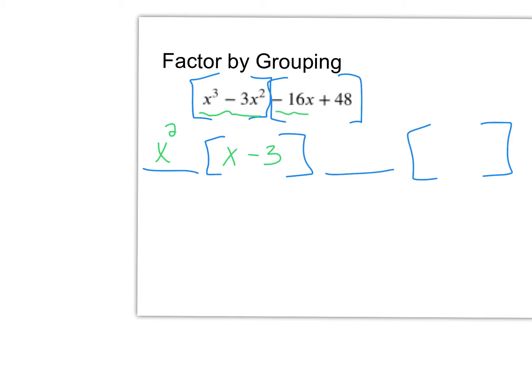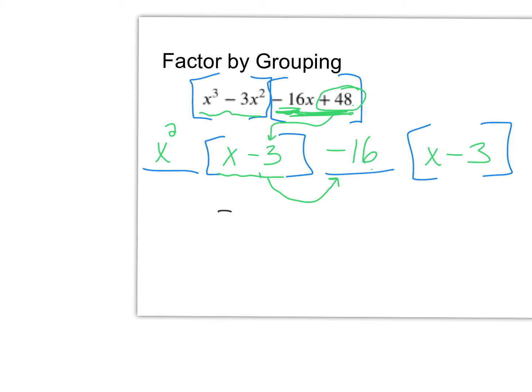We need to take a GCF out of this, but this parenthesis, when I do it out, needs to look like this. So what can I take out? Well, I can take out a negative 16. A trick I teach my students to see if it works is take this number and divide it by this, and whatever answer you get goes here. So 48 divided by negative 3 is negative 16. Then just make sure it works for here too, which it will. So that'll leave x minus 3.